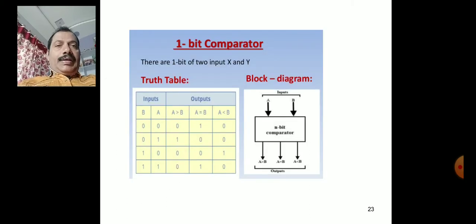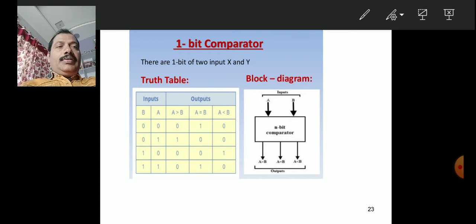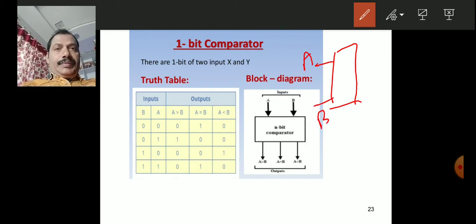So let us take the 1-bit comparator. A, B are the two inputs. Each input is 1 bit only.